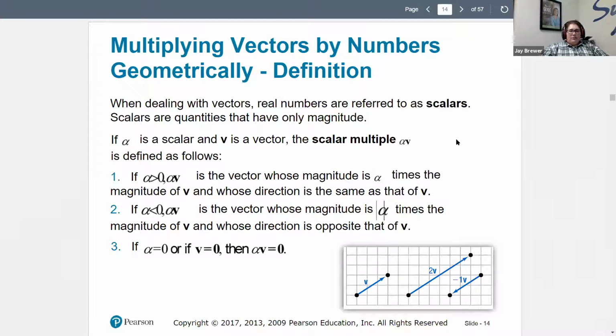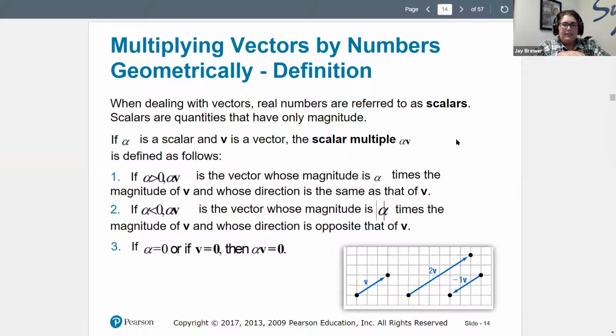When dealing with vectors, real numbers are referred to as scalars. Scalars are quantities that have only magnitude. If alpha is a scalar and v is a vector, the scalar multiple alpha v is defined as follows. If alpha is greater than 0, then the magnitude is alpha times the magnitude of v, in the same direction.